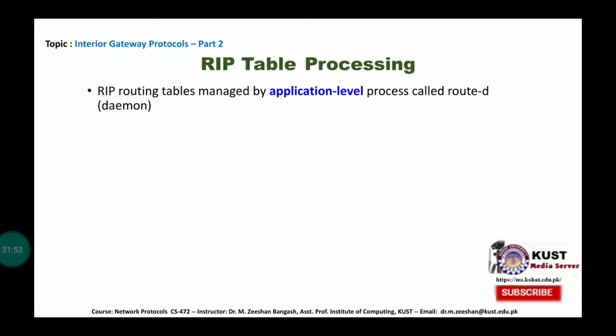Now for RIP table processing, the RIP routing tables are managed by an application-level process, which we call a router daemon. We call it routed, where d stands for daemon. The advertisement packet is sent in UDP packets because it's a fast way of communication, and TCP is a bit time consuming, and this UDP advertisement packet is repeated.